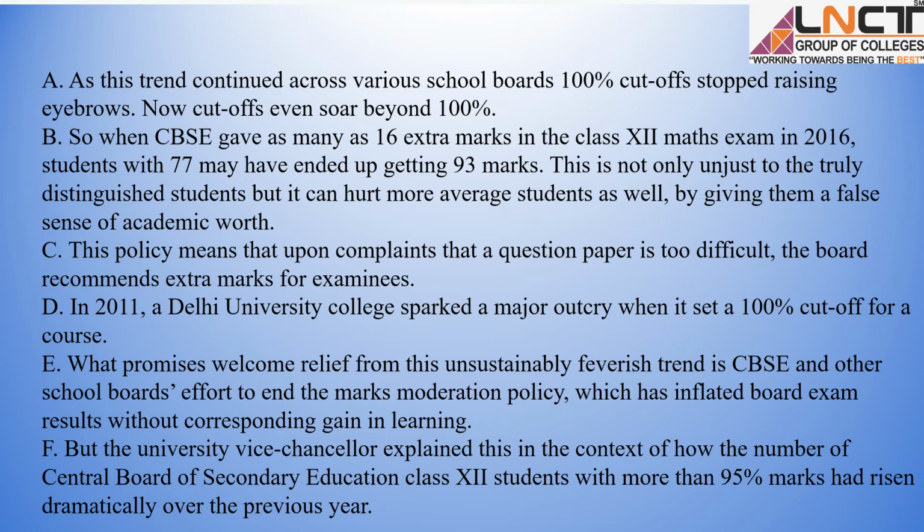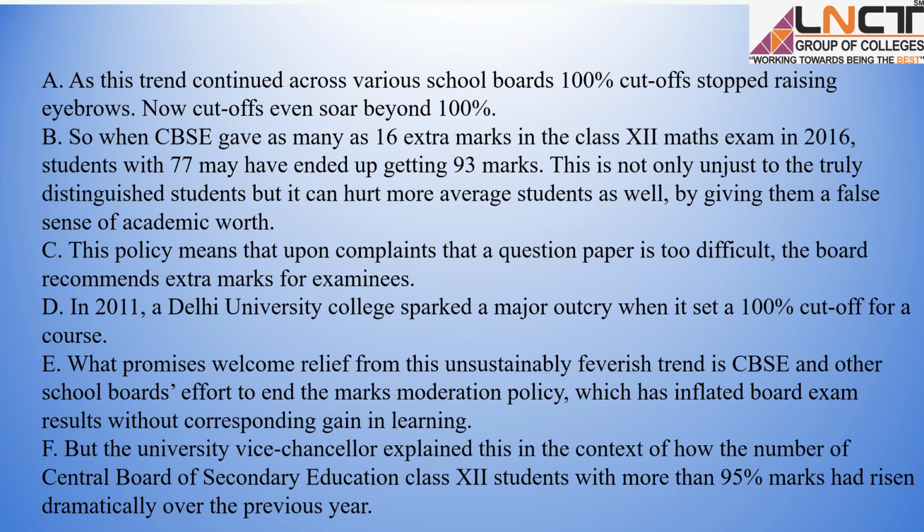Okay, so now we are left with sentence B, which talks about contradiction. Sentence C talks about some policy. Which policy? E talks about what promises welcome relief. Another clue is that the word trend is here. What promises welcome relief from this unsustainably feverish trend.